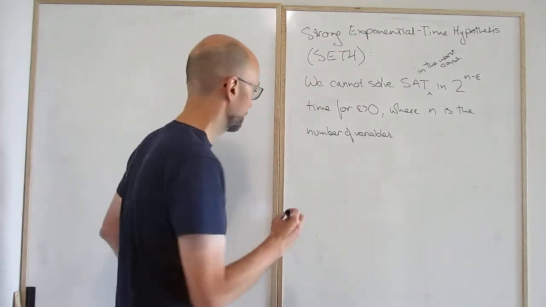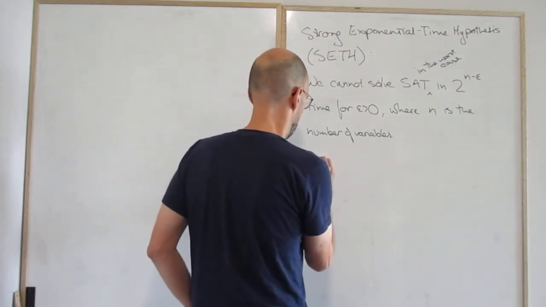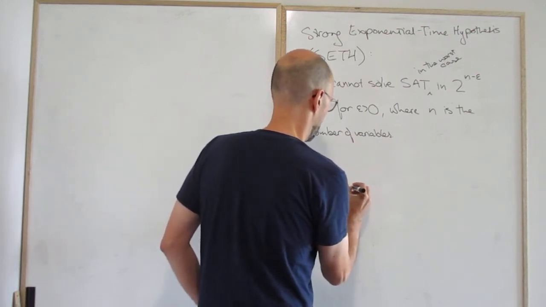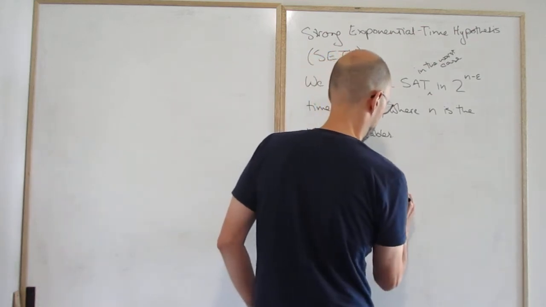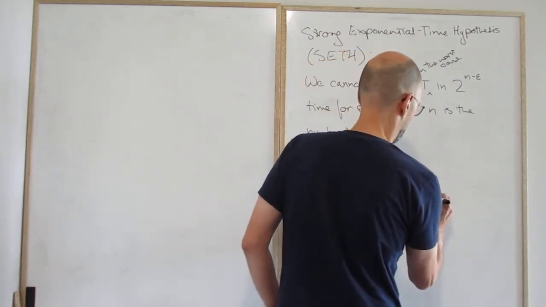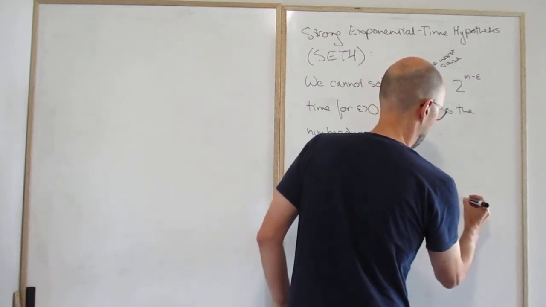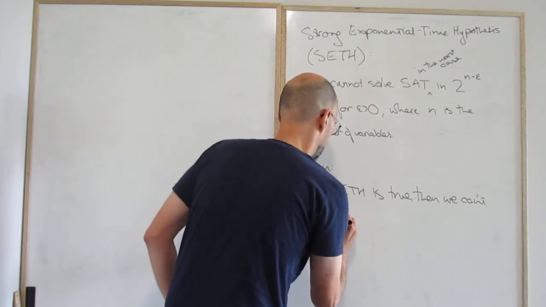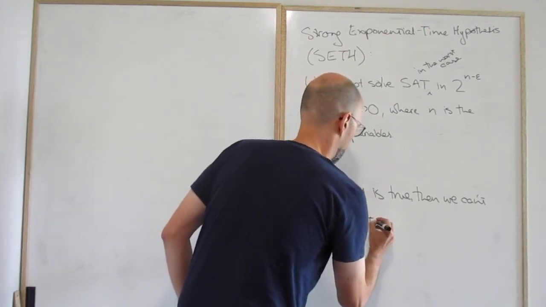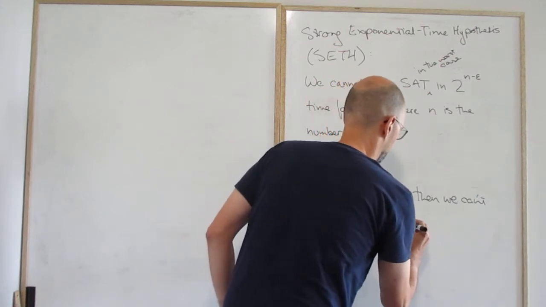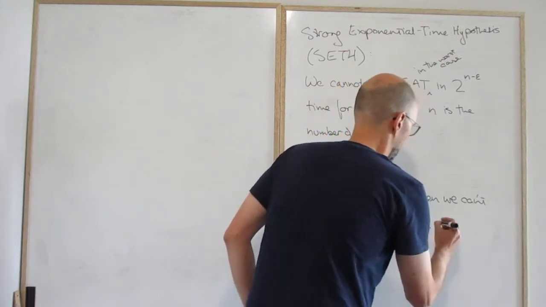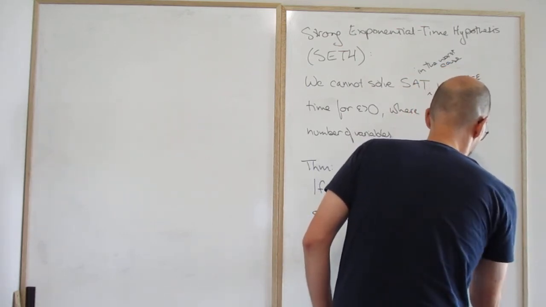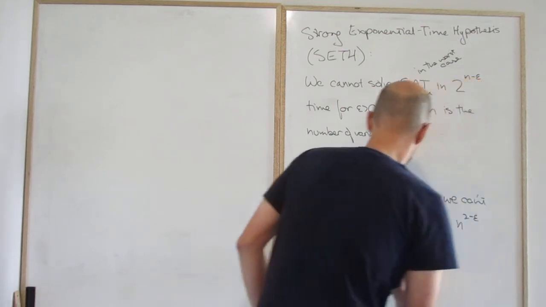But they showed that, so theorem, if Seth is true, then we can't solve edit distance in n to the 2 minus epsilon time.